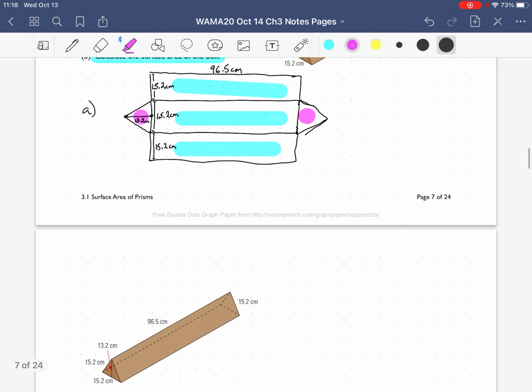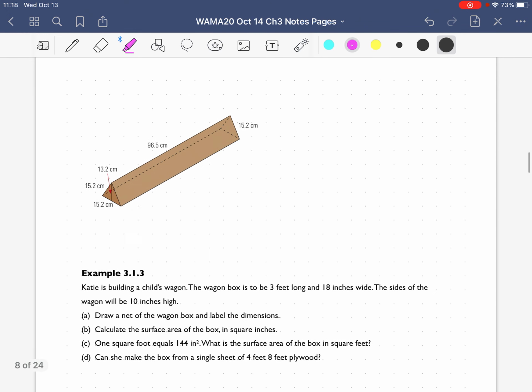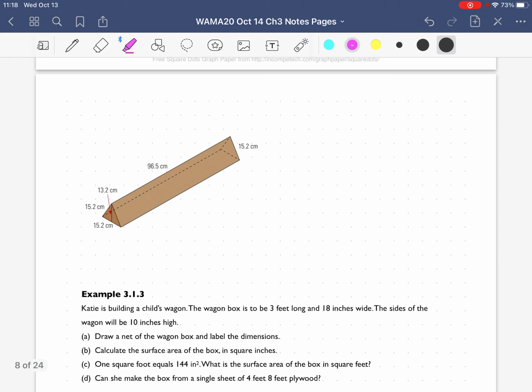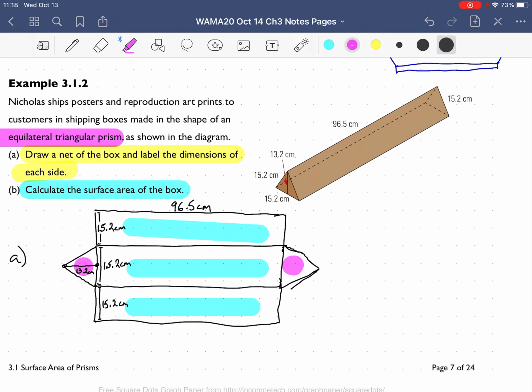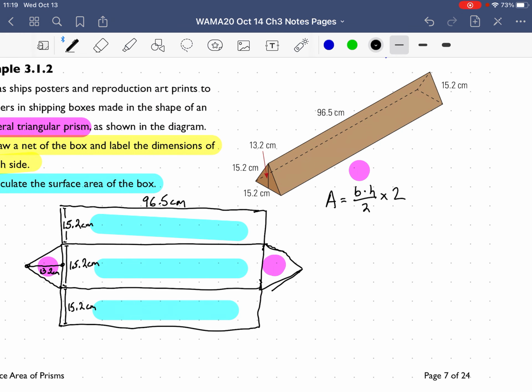Now, letter B, we need to calculate the surface area of the box. I've got space on the next page. If you look on page 8, there's lots of space here to write more stuff out. It is the same box right here, but I feel that I've got enough space to work up here. Now, I'm going to do the triangles. The triangles I've highlighted in pink. So I've got two triangles. To figure out the area of a triangle, I do base times height divided by 2 and then times it by 2 because there's two of them.